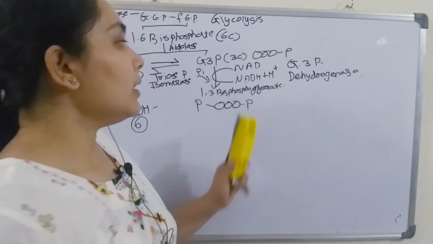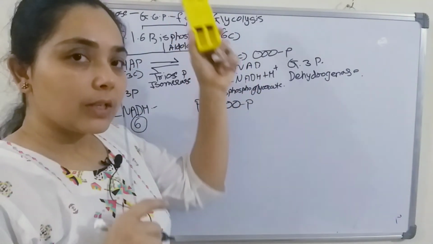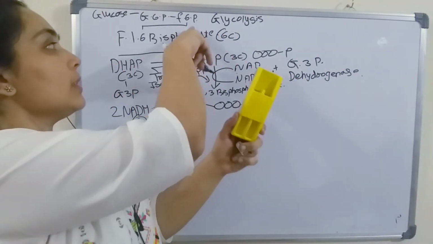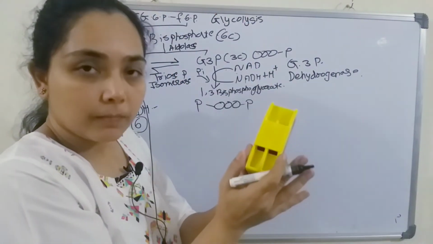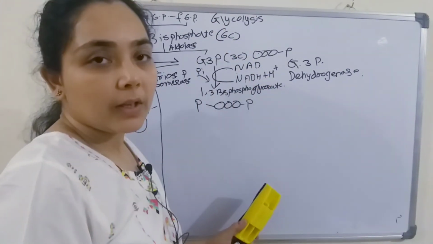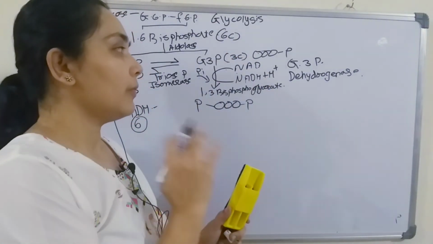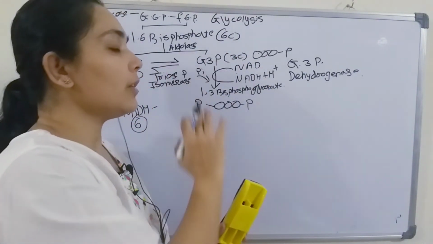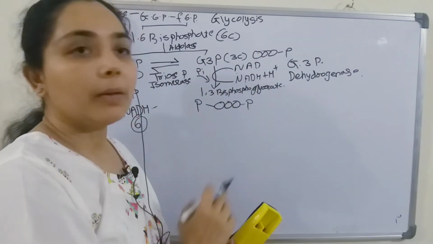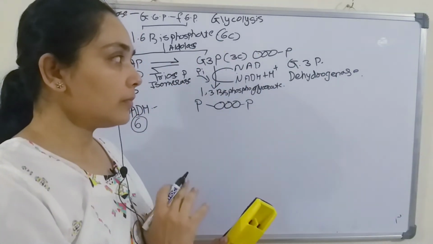So here, after the initial step of phosphorylation, isomerization, and again phosphorylation, then the splitting, so much work we have to do, and after that we will get the check. Yes, we will get the energy in the form of a check, which we will encash in the bank named the electron transport chain.